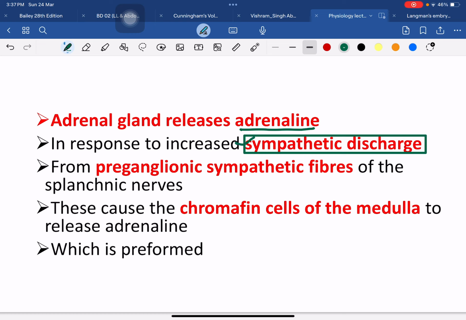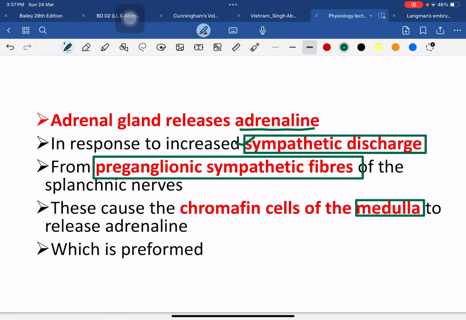In this condition, adrenaline is released from the preganglionic sympathetic fiber, and this causes the chromaffin cells of the adrenal medulla to release the adrenaline, which is preformed. That means adrenaline, which is very essential, is preformed in the adrenal medulla, and when sympathetic stimulus goes to the adrenal medulla, then the adrenaline is released.